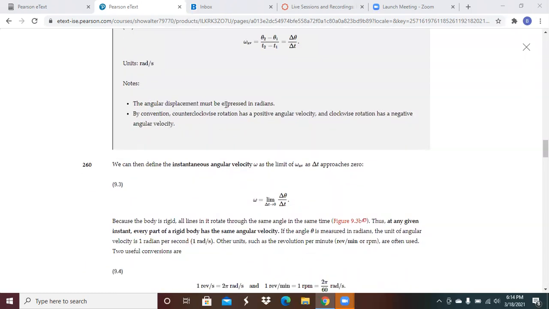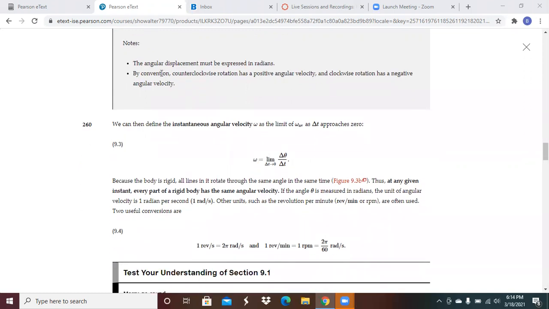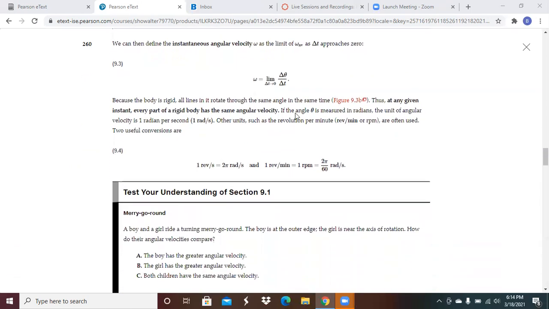The angular displacement must be expressed in radians. By convention, counterclockwise rotation has a positive angular velocity, and clockwise rotation has a negative angular velocity. The instantaneous angular velocity is going to be when delta t approaches 0.